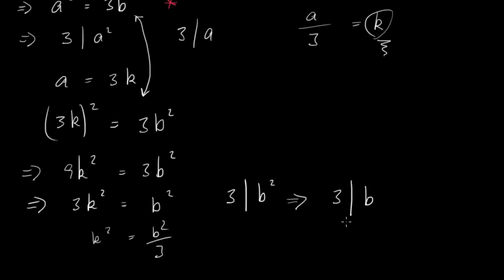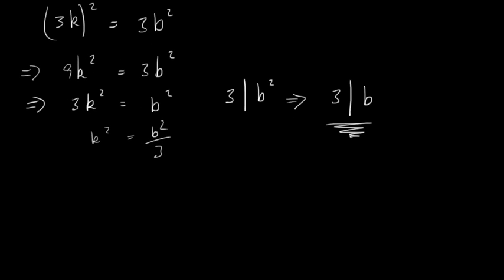Okay, so now we've shown that not only does a divide by 3 to give us a whole number, b is also divisible by 3 to give us a whole number. So now look what we've done. We started off with the assumption that the square root of 3 is equal to a over b, where the highest common factor of a and b is 1.